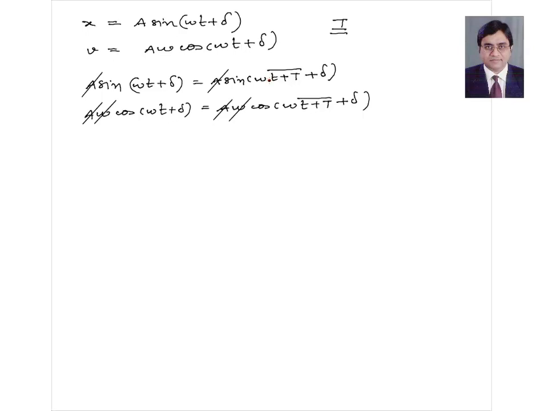But since there is a bracket, I don't think you should get 2 pi for T. And T is time, so it can't be equal to angle.